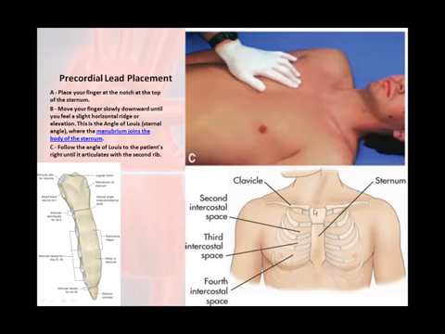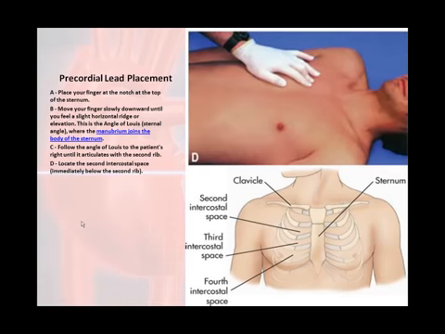The next step is that you're going to find your joint right here, the angle of Louis, and you're going to migrate over here to the left because your first placement is going to be on the left side. As you move your fingers across, you will run into the articular facet of the second rib. So once you find this spot, this bump that you feel on the outside of the sternum is the second rib.